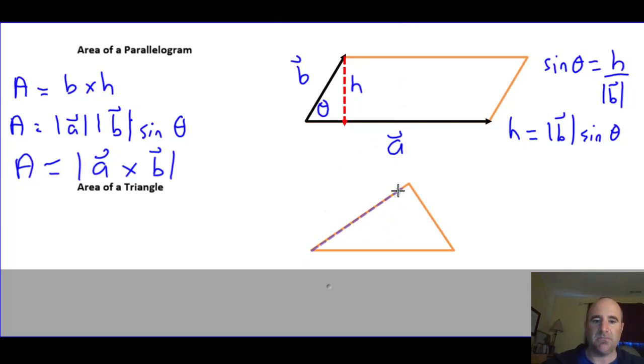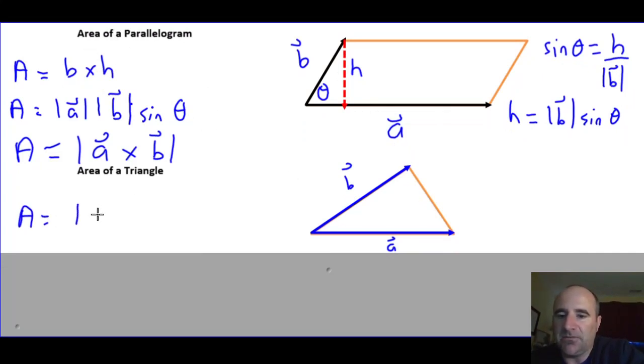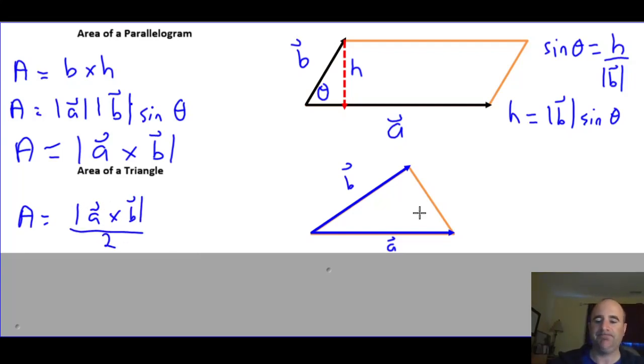If you've got A and B like so, any triangle is really just half of a parallelogram. That's where the formula base times height divided by 2 comes from. So the area of a triangle would just be the magnitude of their cross product divided by 2. I point that out because we're going to do an example with that.